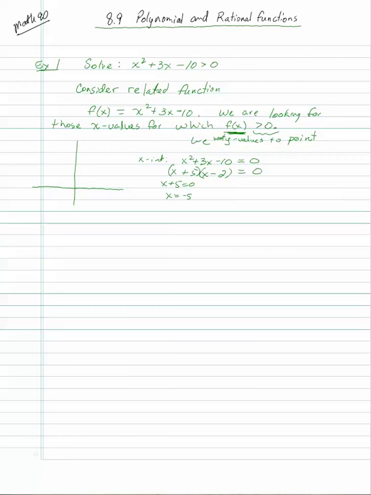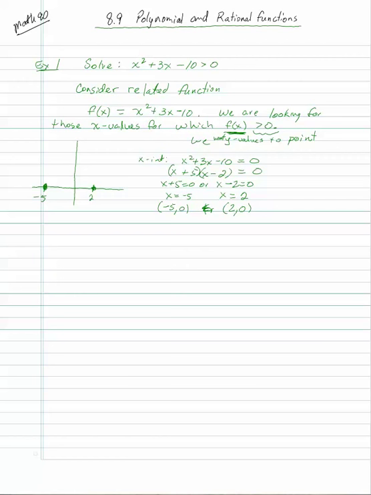So our x-intercepts are negative 5 or positive 2 on the x-axis. So that's negative 5, 0, and 2, 0. And this is a parabola that opens up.